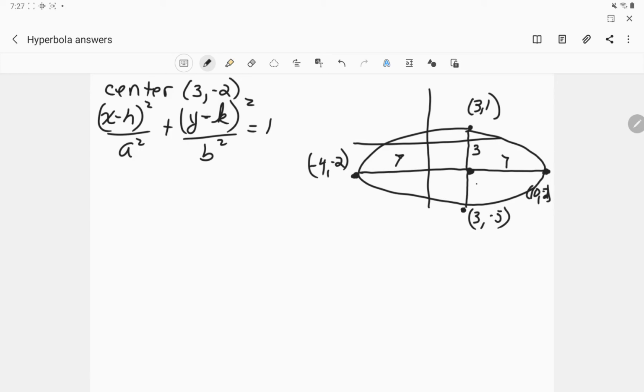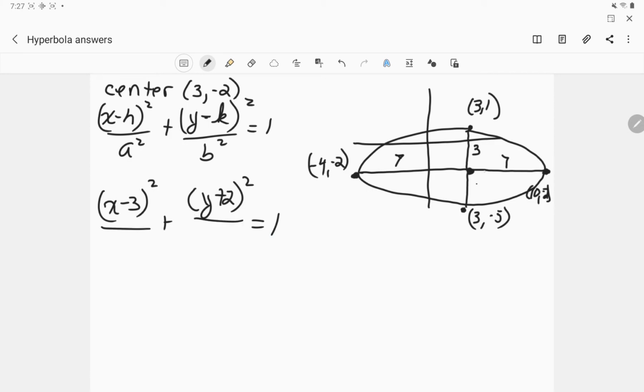So since my center is 3 and negative 2, that's going to be x minus 3 squared, and it's going to be y minus negative 2, so y plus 2 squared. I know it's got to equal 1.